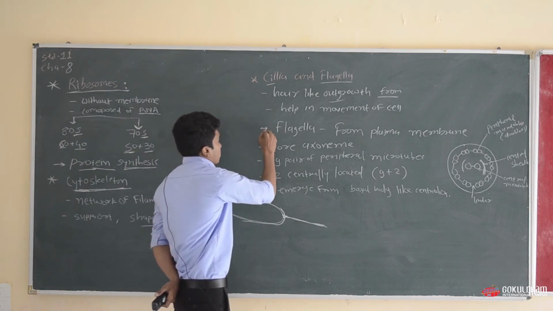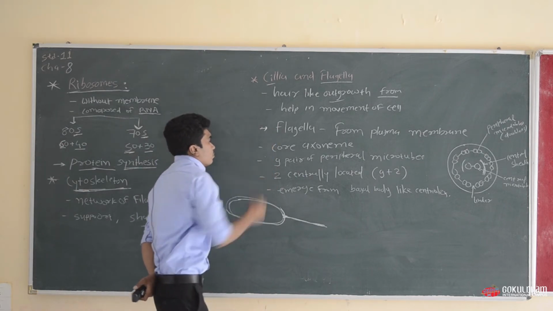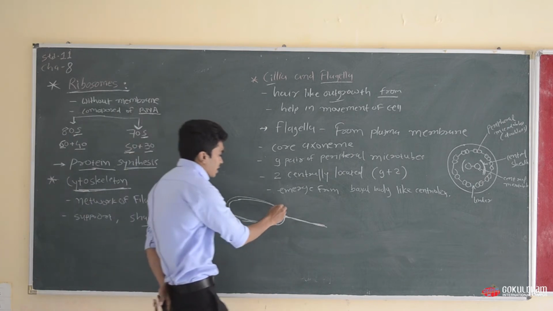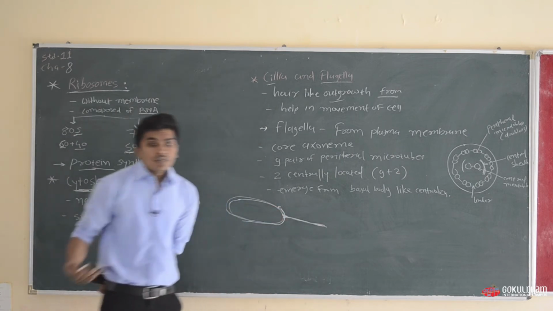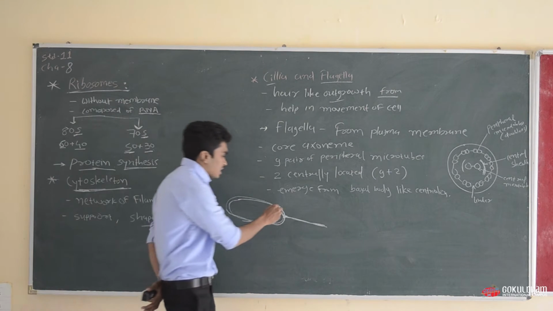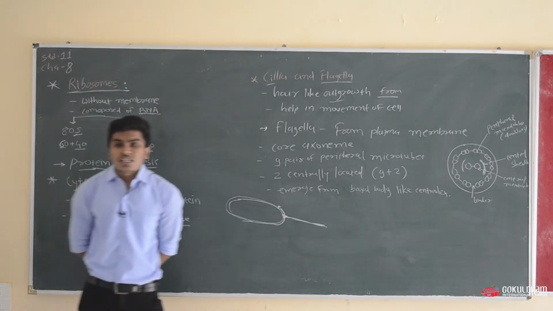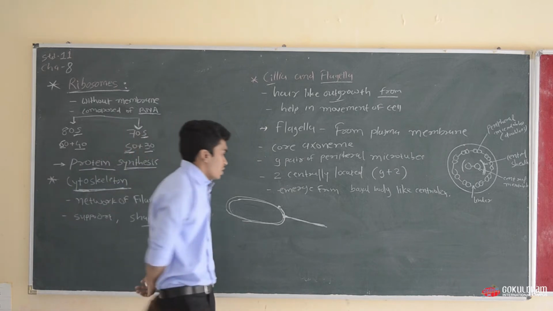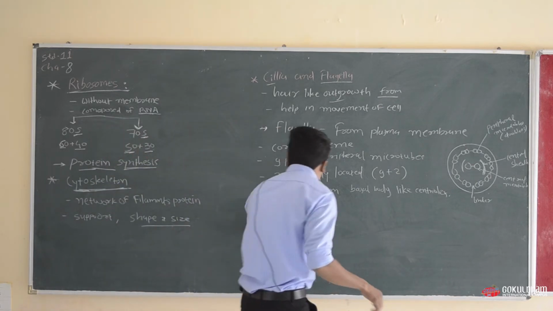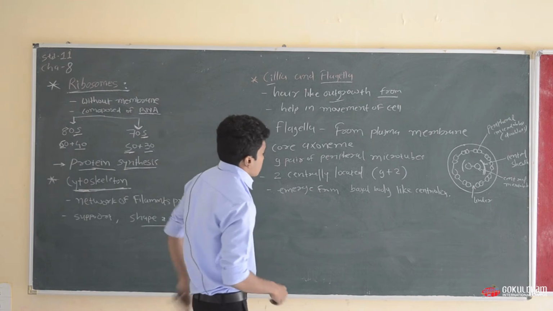Now let us understand flagella. Flagella are larger organelles than cilia, and when we see them in an electron microscope, we see a structure like this.